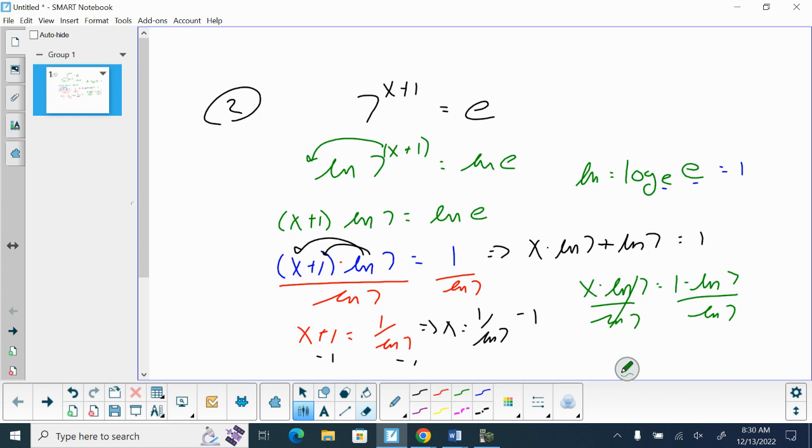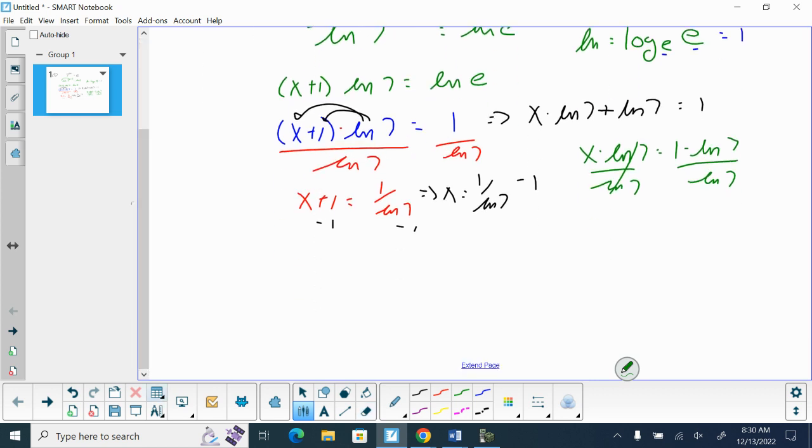Number 9, we have log base 2 of x plus log base 2 of x plus 2 is equal to a value of 3.